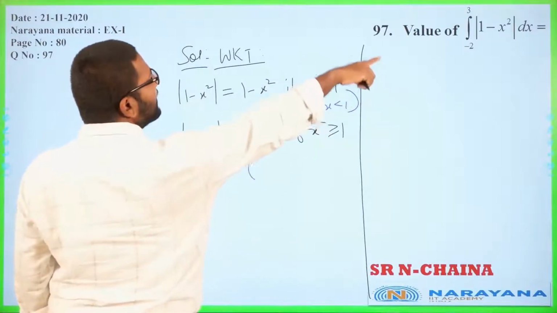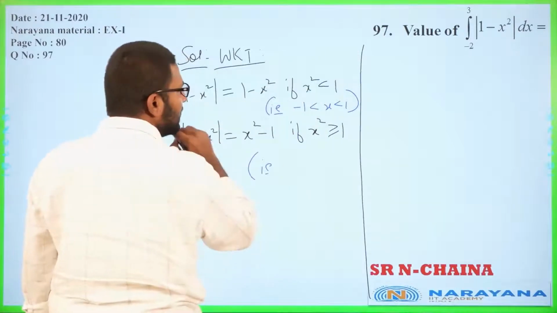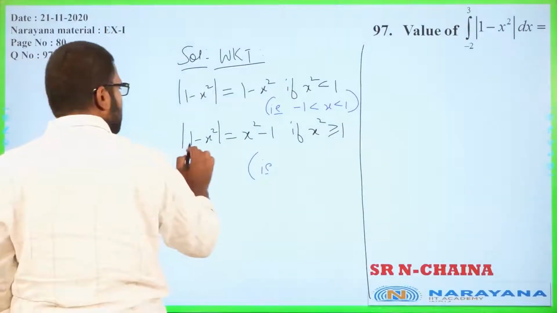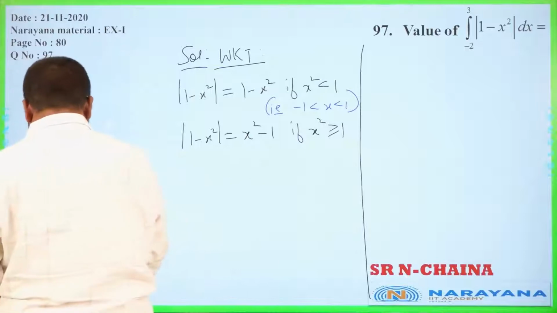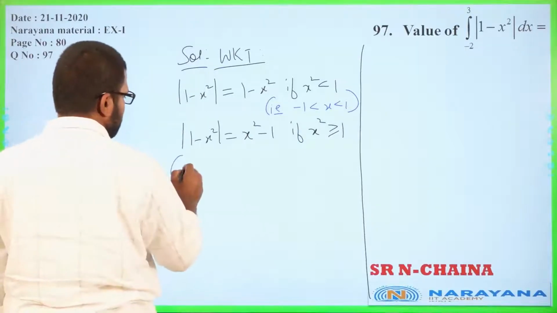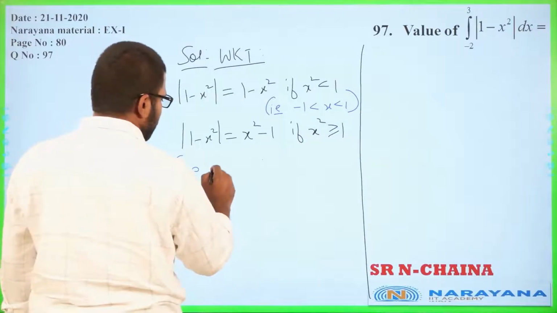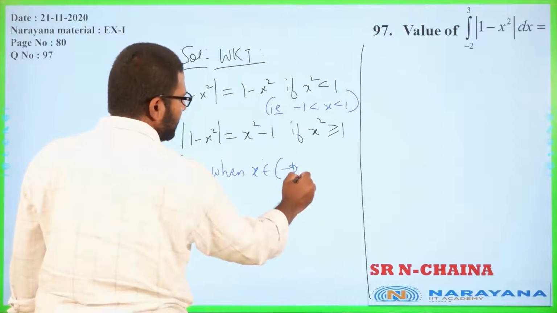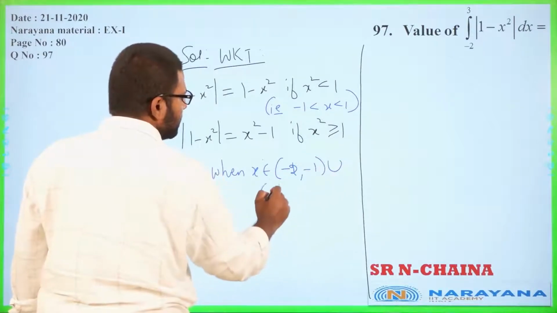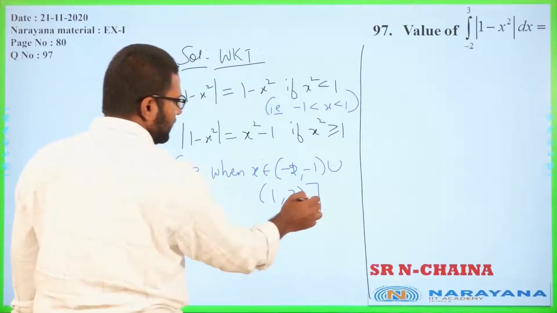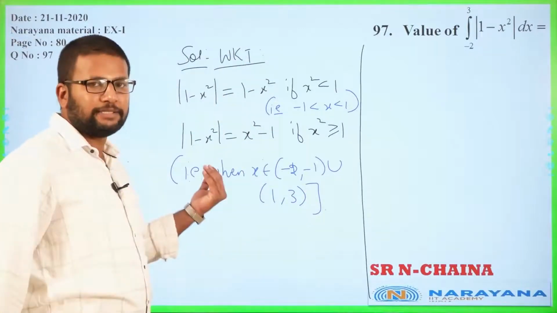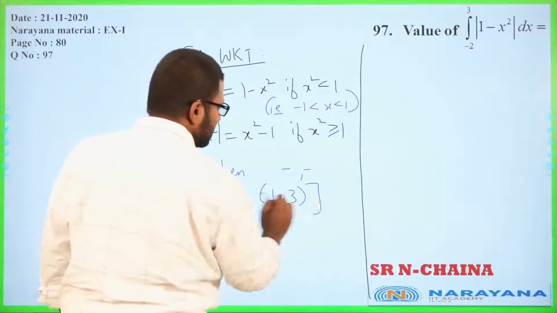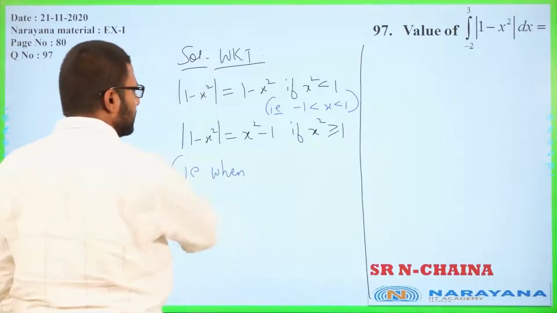So in our interval minus 2 to 3, that is when x belongs to minus 2 to minus 1 union 1 to 3, in the given interval. Otherwise, the better way to say it is whenever x is less than minus 1 or greater than plus 1.